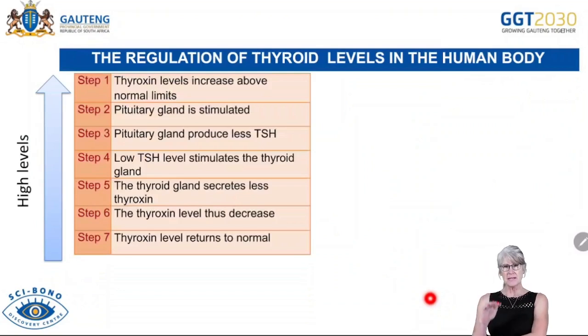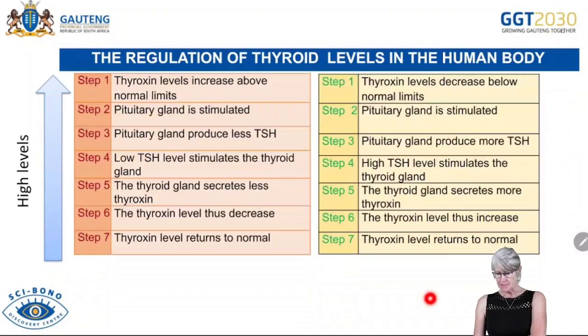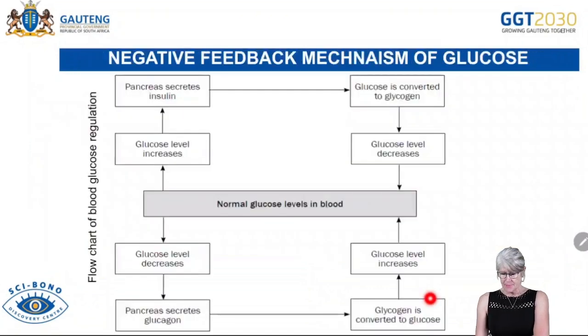If I've got lower levels of thyroid stimulating hormone, my thyroid is going to be stimulated less, and then it's going to produce and secrete less thyroxine, and that will bring the levels back to normal. And the same applies if my thyroxine levels go too low.